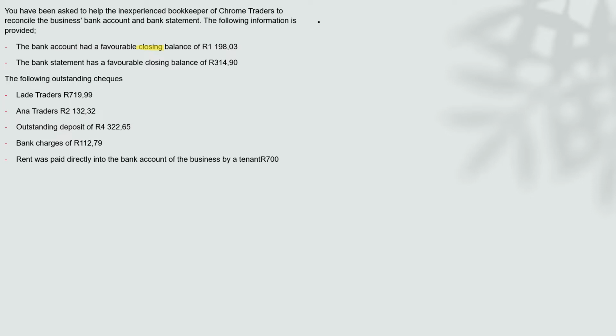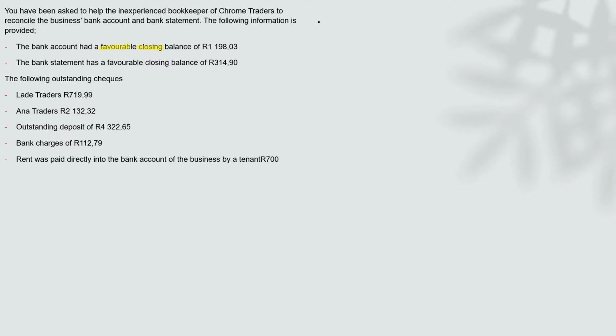So instead of the question saying opening balance, you say closing balance. That means the balance at the end of the month after all transactions that the inexperienced bookkeeper would have taken into account is done. And that closing balance being favorable means it is a debit balance on the bank account.